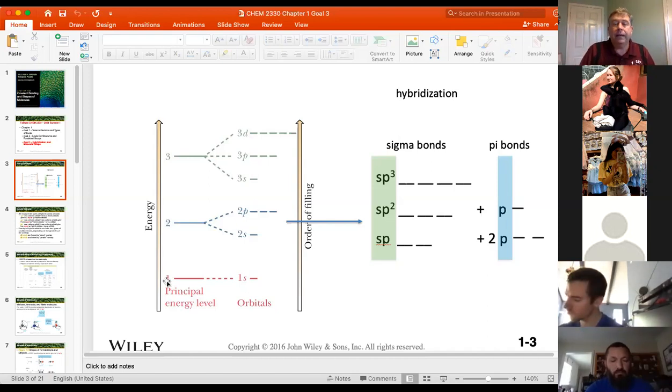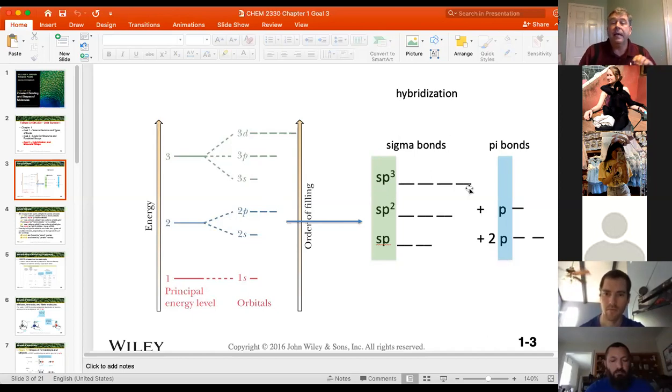What I'd like you to focus on here is that carbon, nitrogen, and oxygen all have these hybridizations in them. When we take the s and all 3 p's and blend all of those together, we end up with 4 equal orbitals.